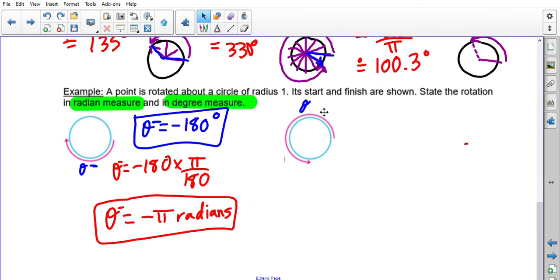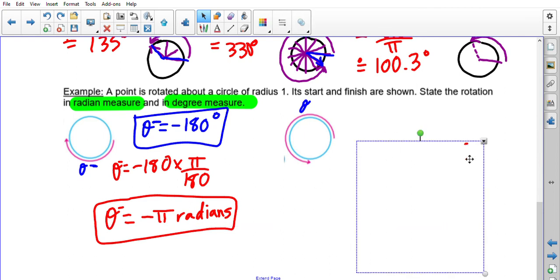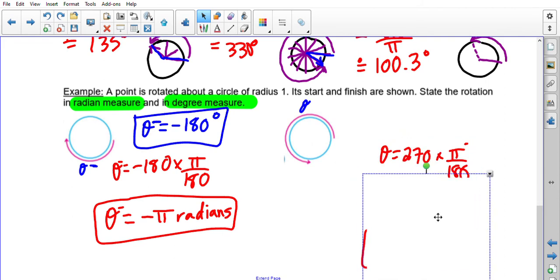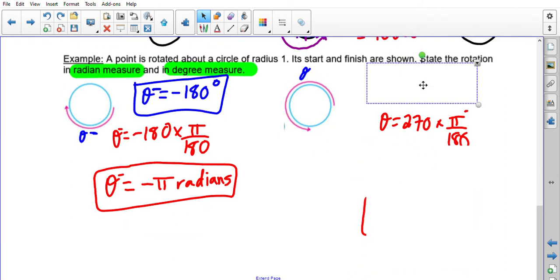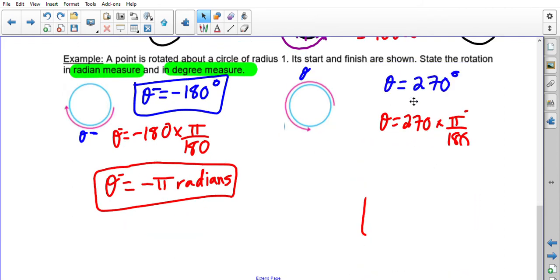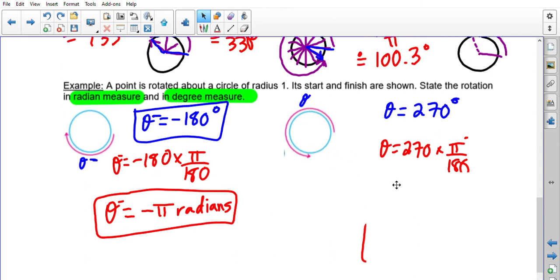All right, so this one here we can label normally as theta because it is counterclockwise. So the degree measure here, there it is. Okay, so we know this rotation is 270 degrees.